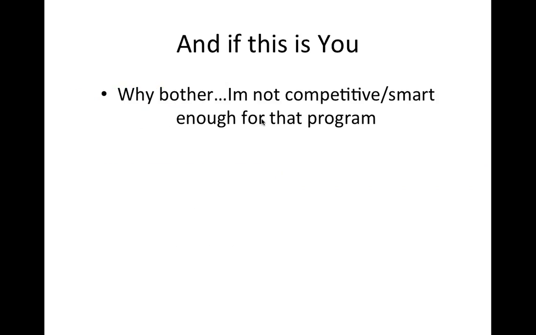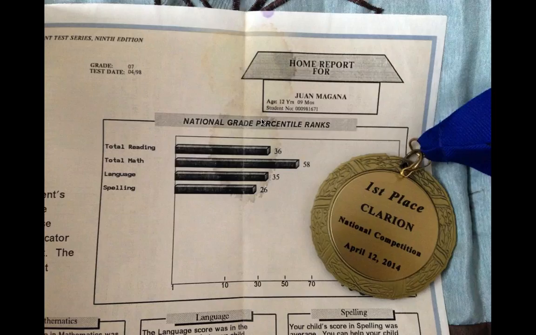Now also, here's another plug. If you think you're not competitive enough, if you think you're not smart enough, if you think you're not up to par. So this is me. This is my 7th grade state national exams, national exams for the test subjects like math, reading, language, spelling. I was in the 26th percentile in spelling, total reading 36th percentile.